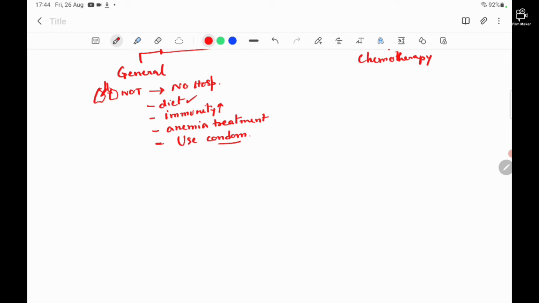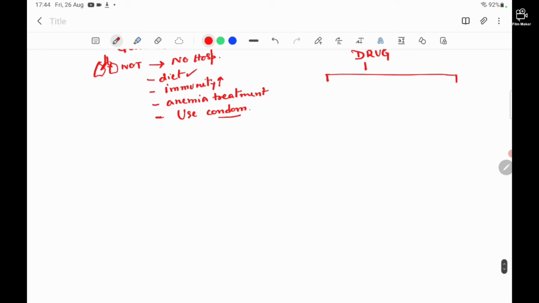Then chemotherapy. Now basically in chemotherapy, we have drug regimes, and we divide it into two depending on the case history.